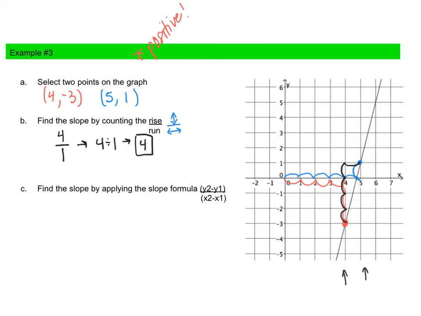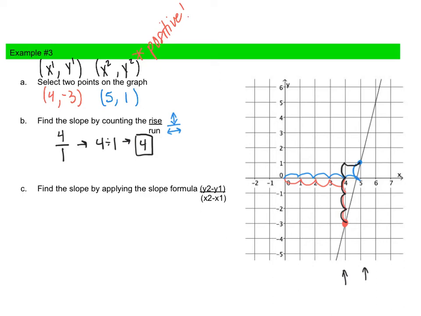Now I'm going to use my other method to practice this out. So remember, this is my x, this is my y, this is my x, this is my y. This is my first point that I found, so I'm going to call this x1, y1. This is my second point that I found, so this is x2, y2. This is probably where you're going to make the biggest mistake, mixing up these values. You might actually do your y1 first minus your y2, but as long as you're writing it down, it'll be easy to keep track.